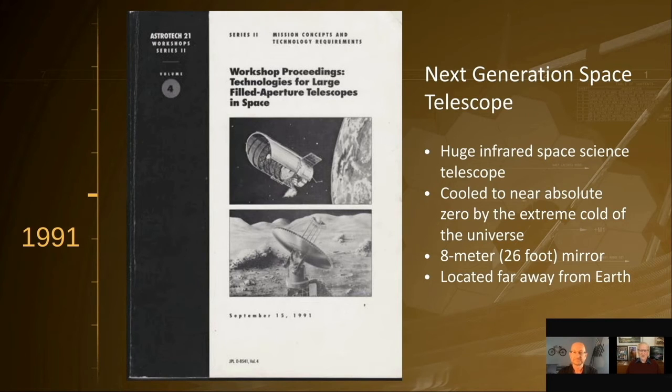But doing a huge infrared space telescope where we use the universe to cool it down near absolute zero, and with a huge mirror, we were hoping at that time for a 26-foot diameter mirror, and putting it far away from Earth, this was extremely challenging. And so the next steps you will hear from Eric about.